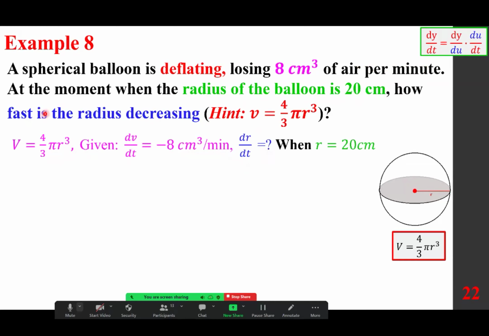Now all we have to do is differentiate this. I hope you remember we've done that already. So 4/3 pi is just a number and remains. r cubed becomes 3r squared dr dt.